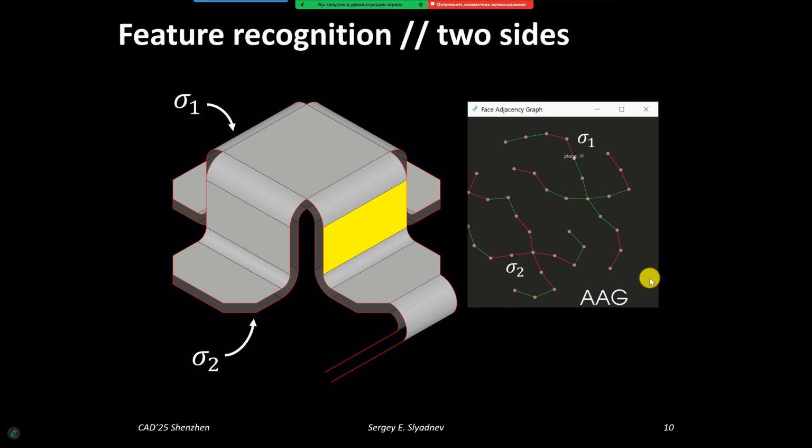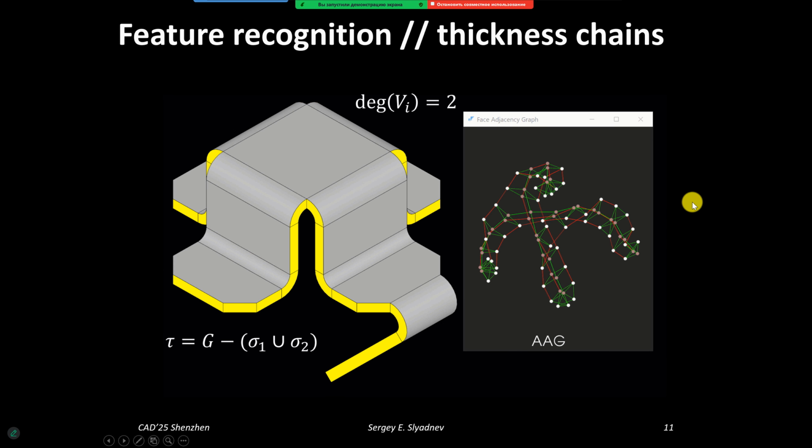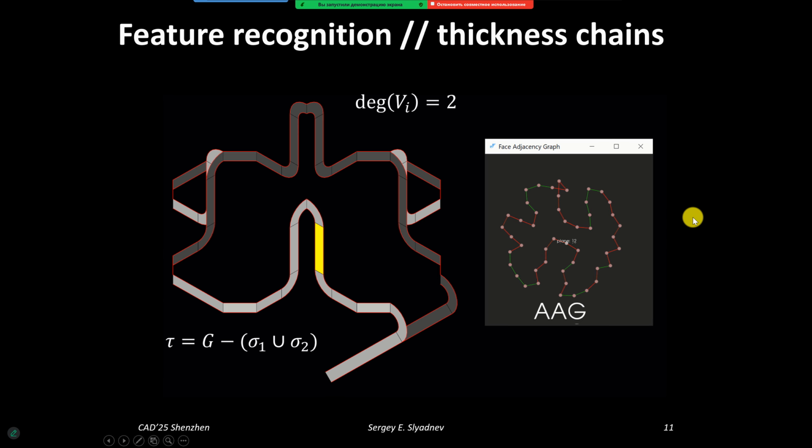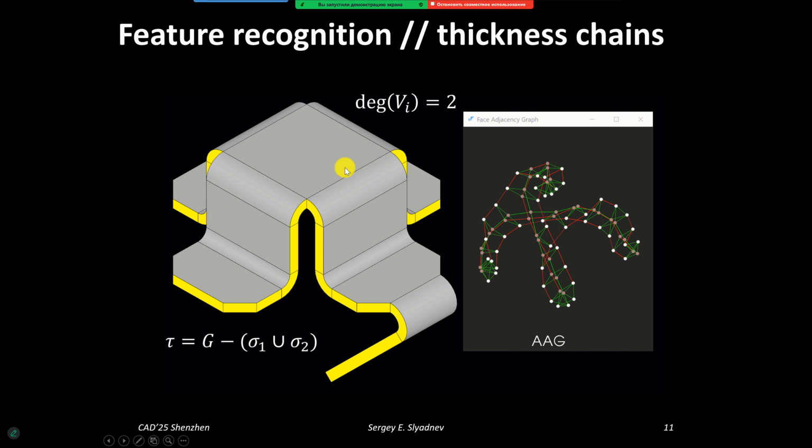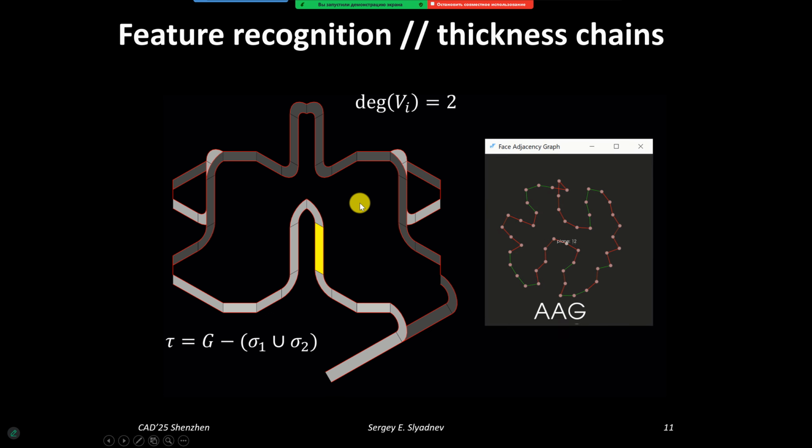This is one of the strong heuristics which we use in our feature recognition algorithm. Another strong heuristic relates to thickness faces. Thickness faces are the faces that separate those two sides of a sheet metal.